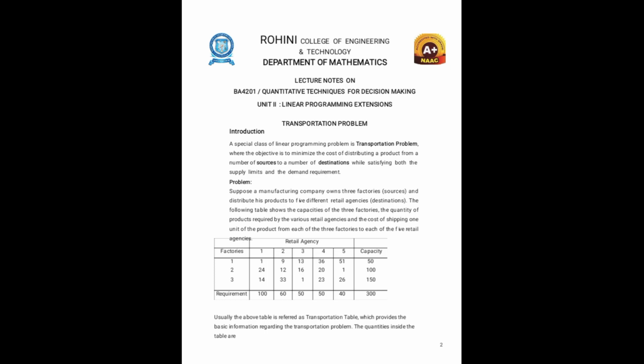The quantities inside the table are known as transportation cost per unit of product. The capacities of factories 1, 2, 3 are 50, 100 and 150 respectively. The requirements of retail agencies 1, 2, 3, 4, 5 are 100, 60, 50, 50 and 40 respectively.